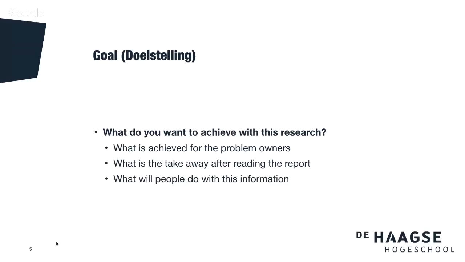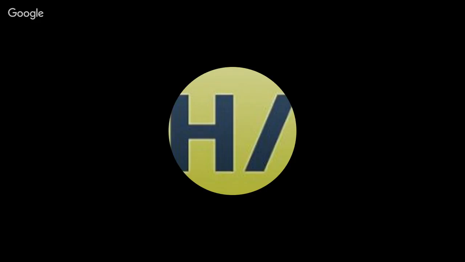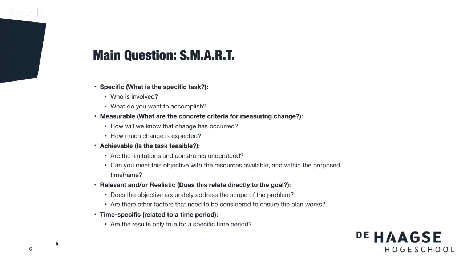And then we have the research questions. The research questions have to be smart. And time after time, students have problems with making smart research questions. So let's go over it one more time. The research question should be specific. What do you want to accomplish?